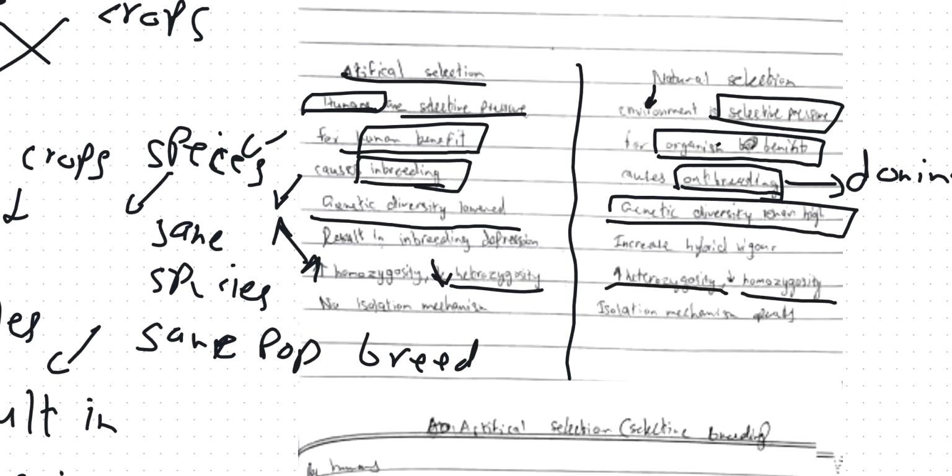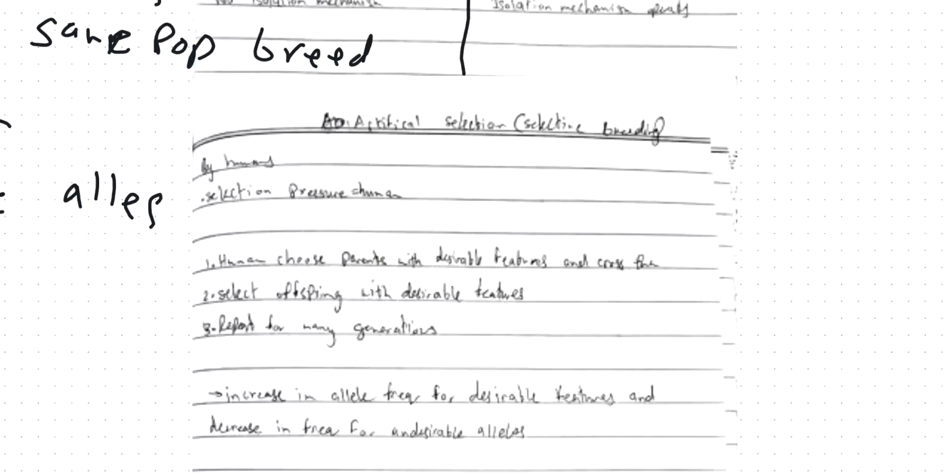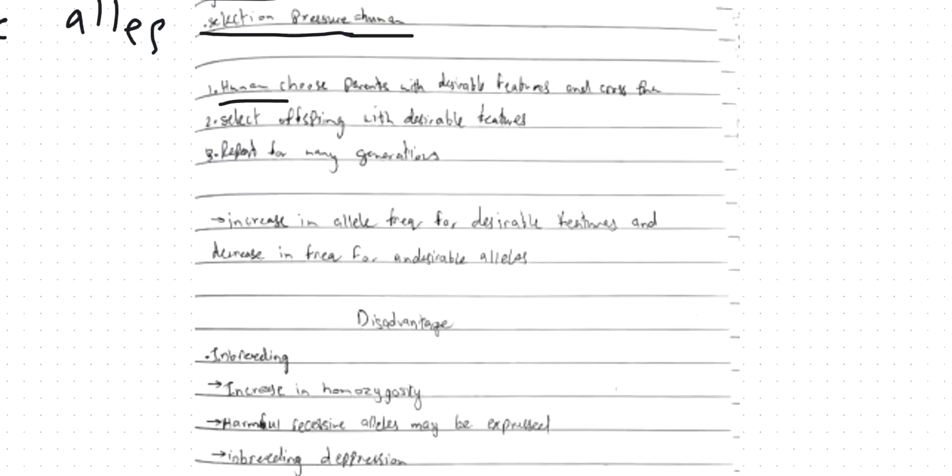So let's talk about artificial selection first. It is caused by humans, as I said, and the selective pressure in artificial selection is humans. Humans choose parents with desirable features and crossbreed them, select offspring with desirable features, and they'll reproduce these features for many generations.